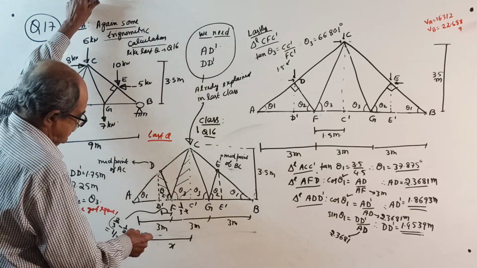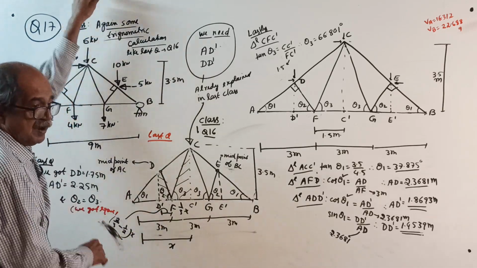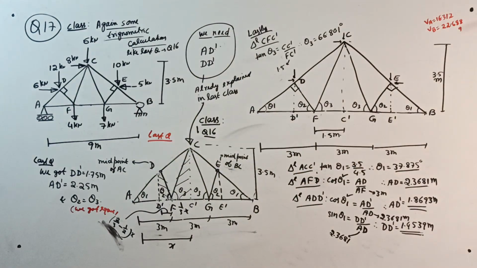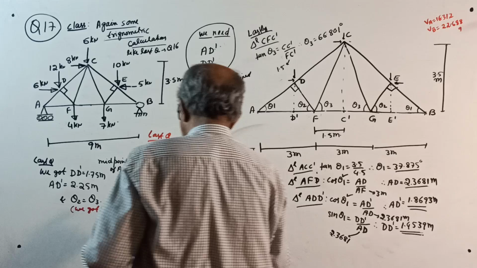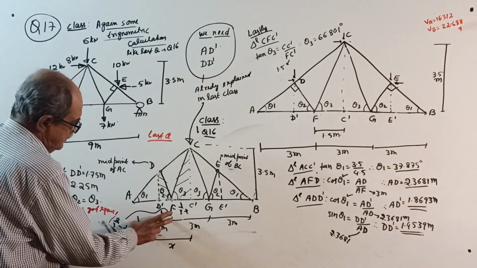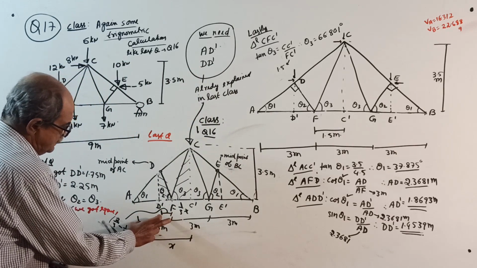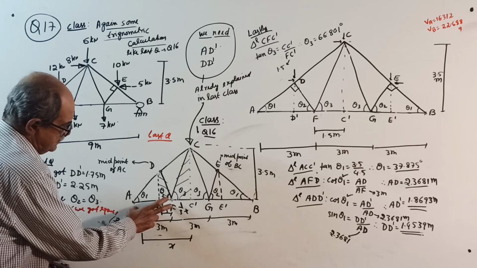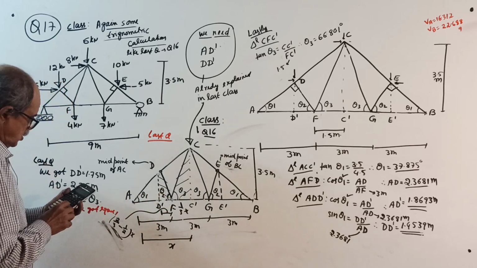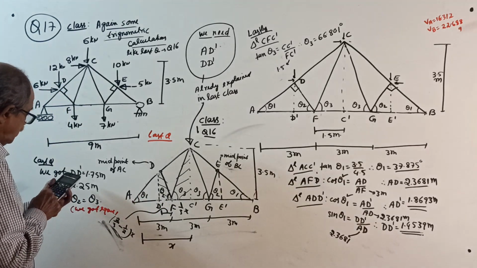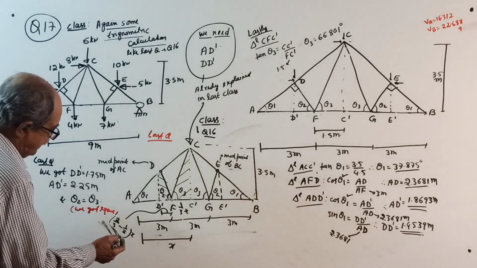Sometimes what happens is an ABCD problem. This distance is 2 by 3 of x, and this is x by 2. So 2 by 3 minus 1 by 2 is exactly 1 by 6 of x.